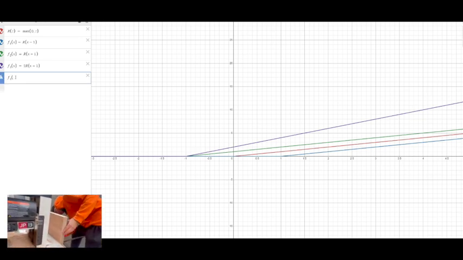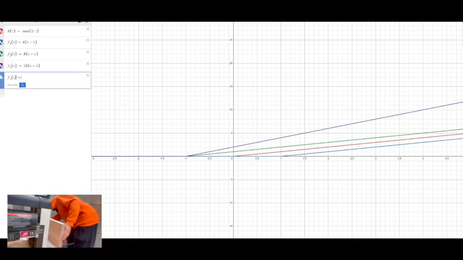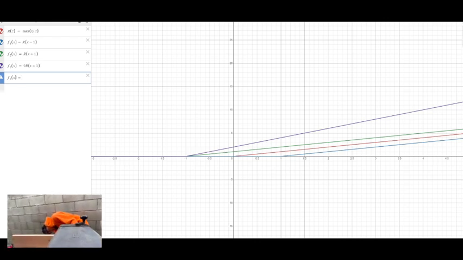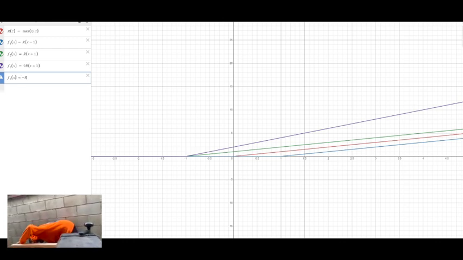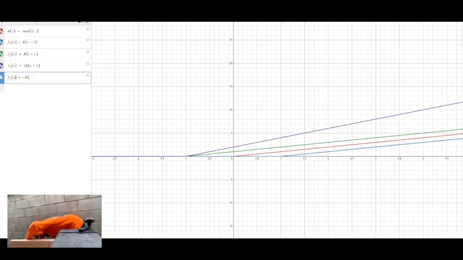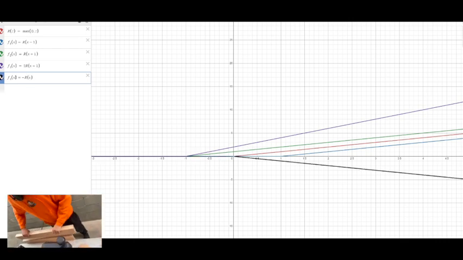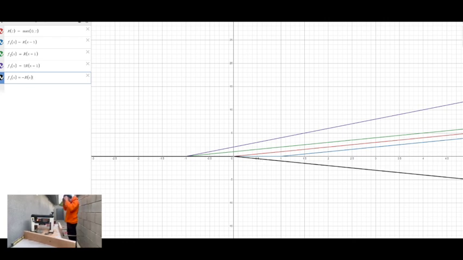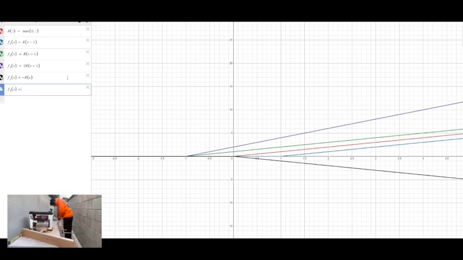Then you can move on to 2 times ReLU of x plus 1, and you'll get a double slope, and it shifts to the left. And then, as I put in here, a negative ReLU will flip the slope downwards, but keep it in the same place.